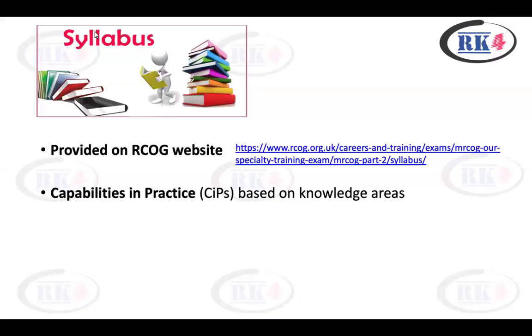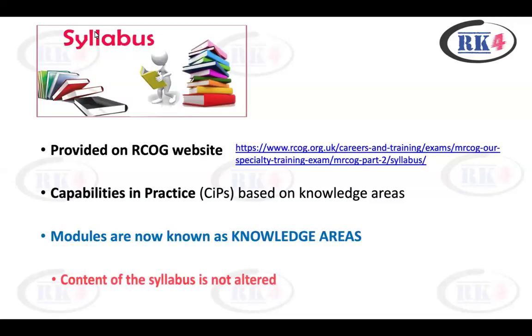They say a person at the level of MRCOG Part 2 or Part 3 is regarded as an ST5 trainee in the UK training system, and there are certain practices which they should be able to perform. They have now reworded it. But remember, things have not changed. The core content of the syllabus is not altered. It is the same thing.